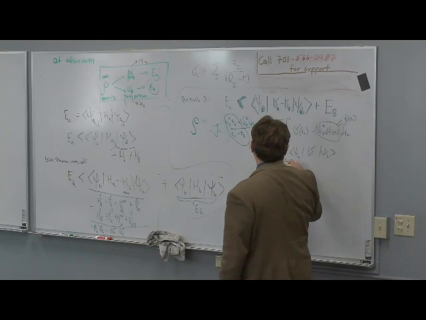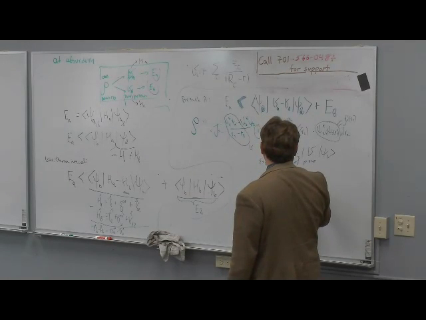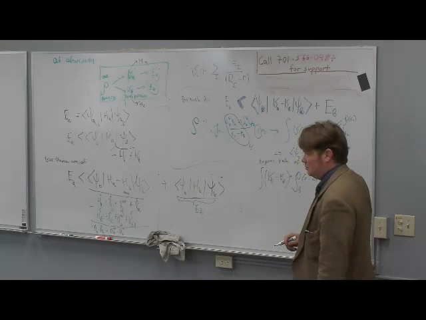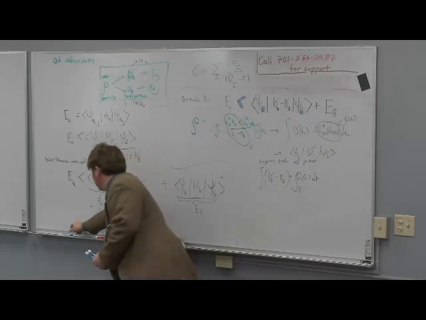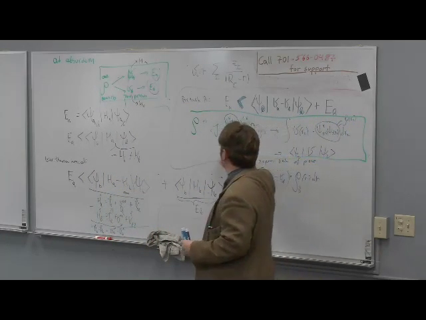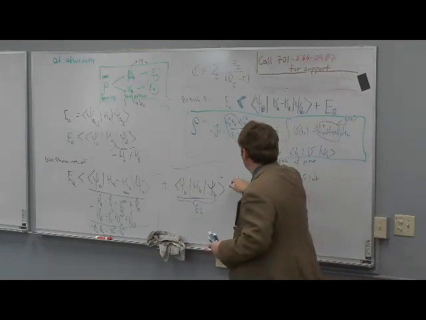Expectation value of potential can be replaced by V times rho corresponding to branch, integral dr. Good? So this was a little story on how to simplify, which we can remove from our board.